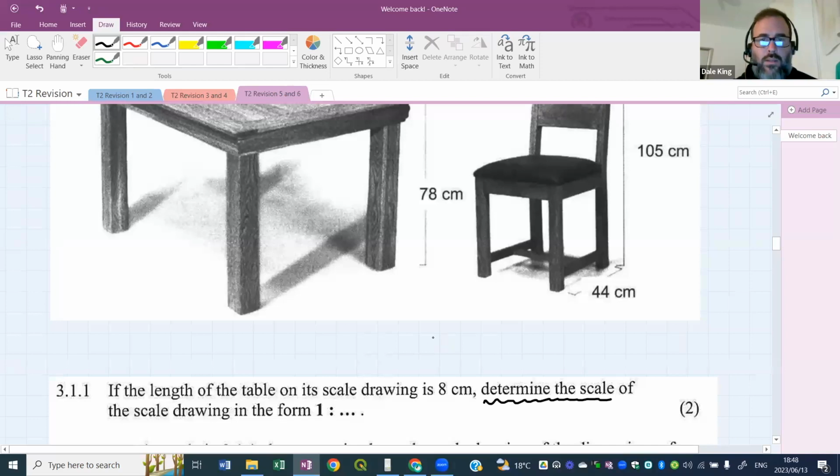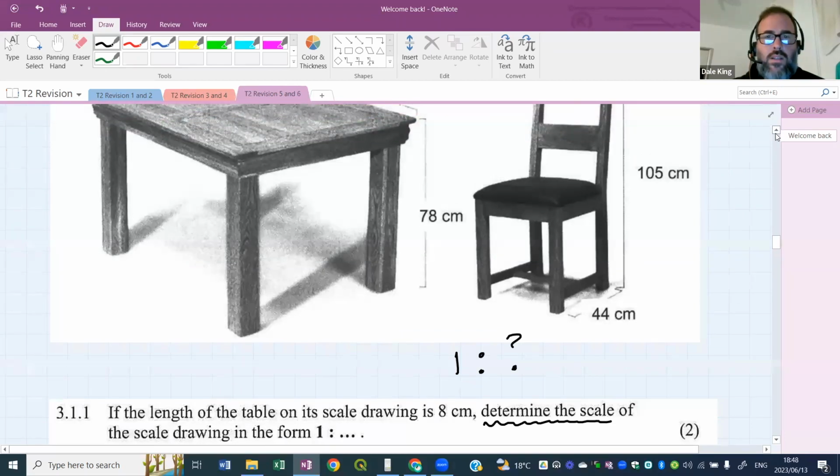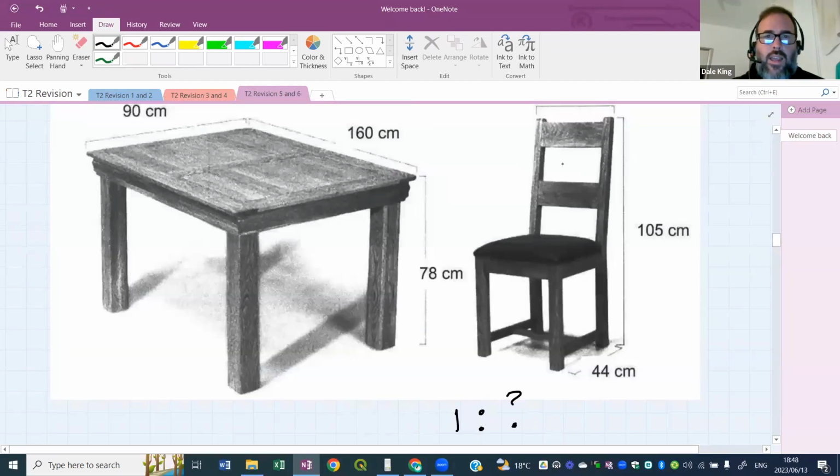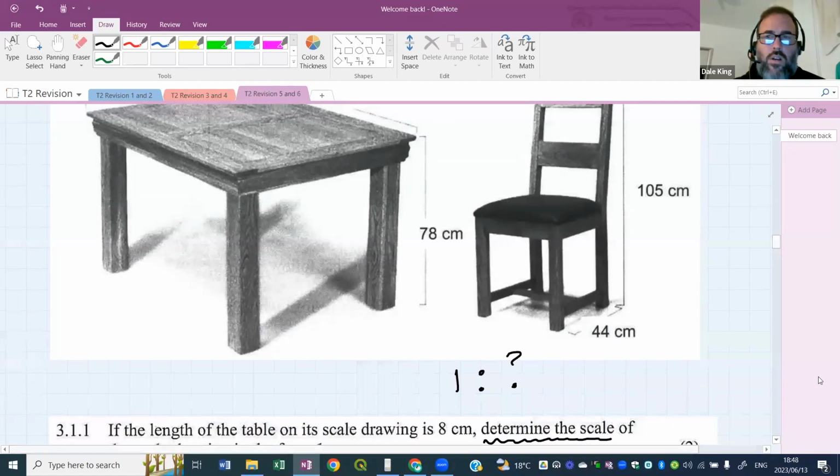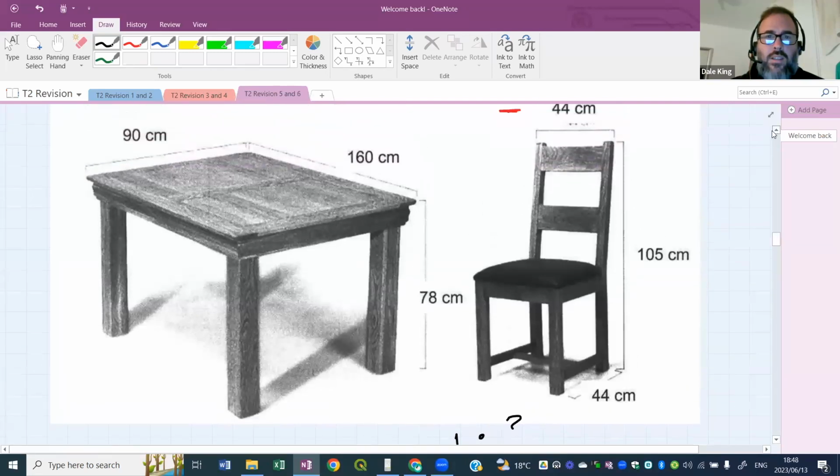All right. Well, would anyone like to help me? Who would like to try? Who knows how we could try to do this question? There's a scale drawing here of table and chairs. All right. They say that if the length of the table on the drawing is 8 centimeters, what do they mean?